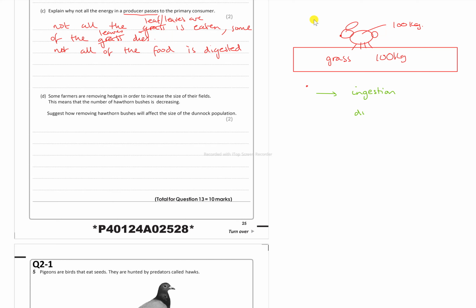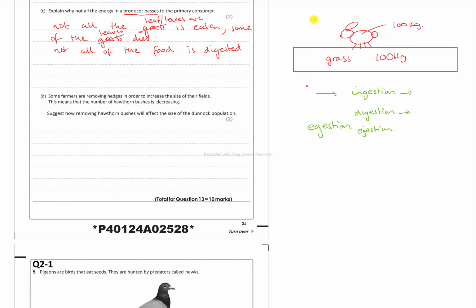Then you break it down, you do digestion. So this is where the food's broken down, this is where you take it in your mouth, and then when you get rid of it, when you poo it out, it's called egestion. Okay, those are the three things.